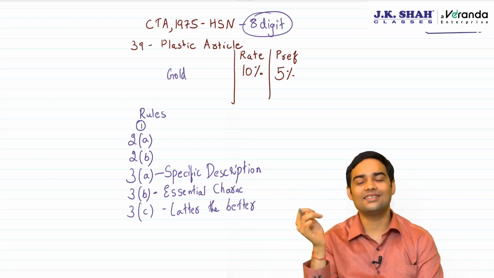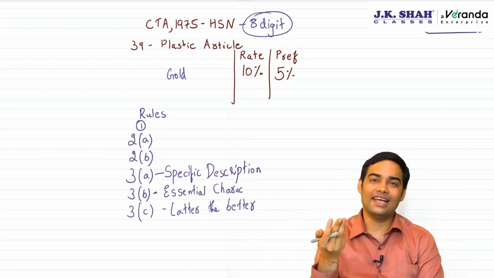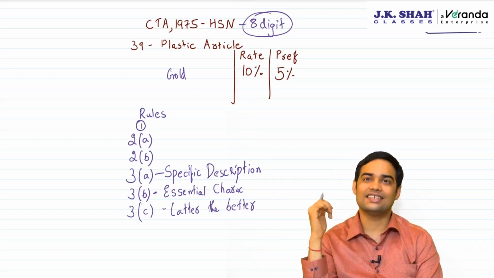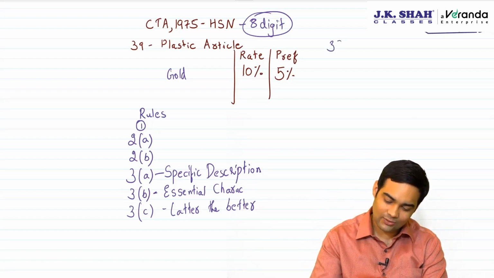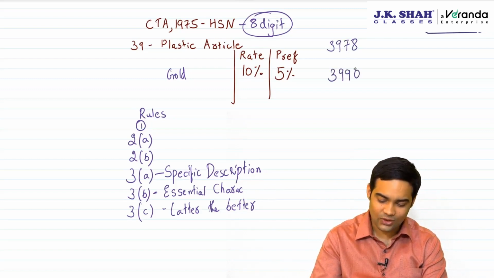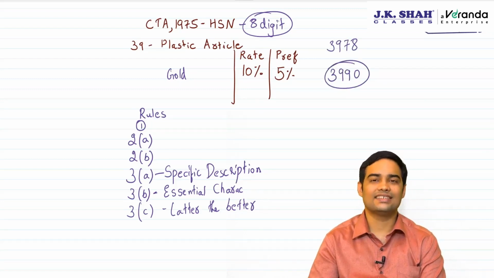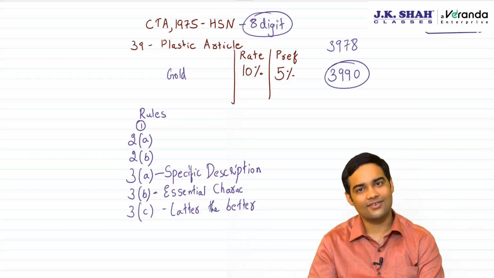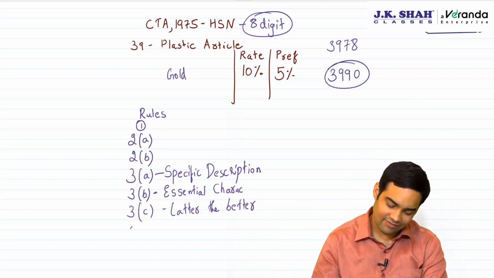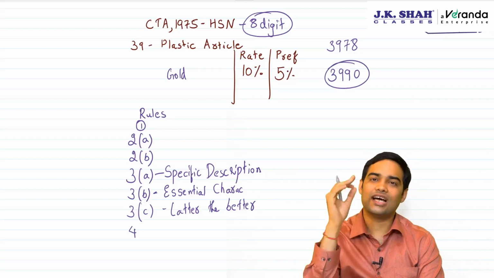What is latter the better? The one which comes later in the HSN series. Say suppose there is one product which has 3978 and one which has 3990. It would be considered as 3990. Clear with this? Yes.